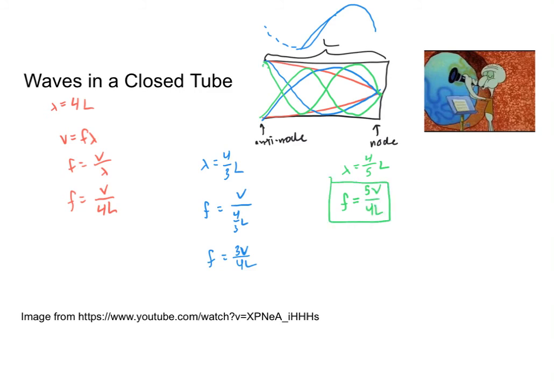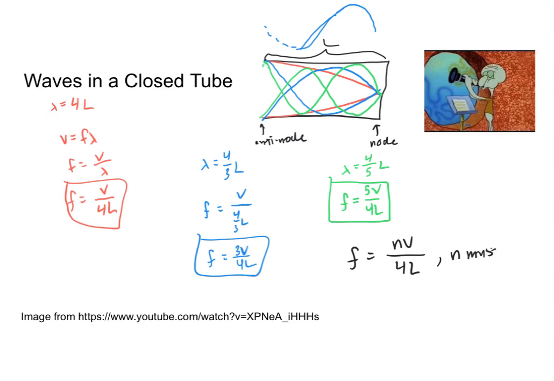So again, I can simplify this by saying that my frequency at any given harmonic is equal to nv over 4L. But n in this situation, you can see, has to be odd. So no even numbers for n.